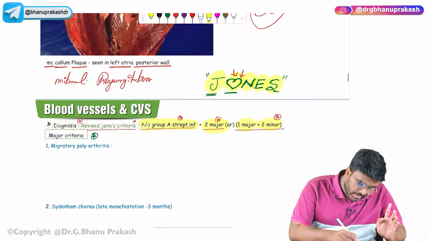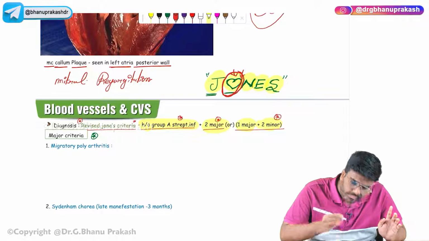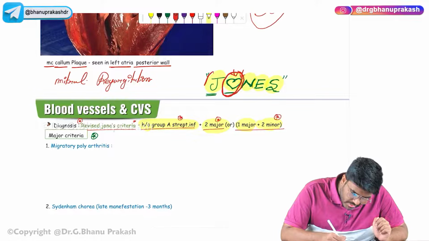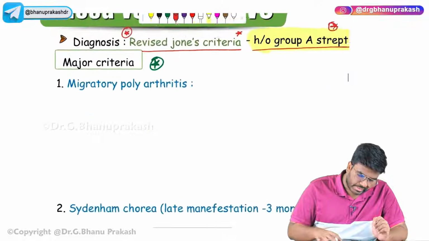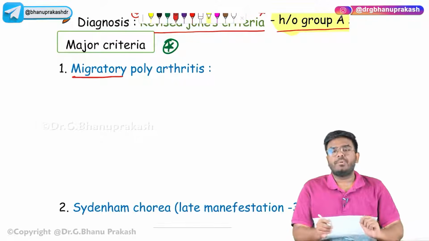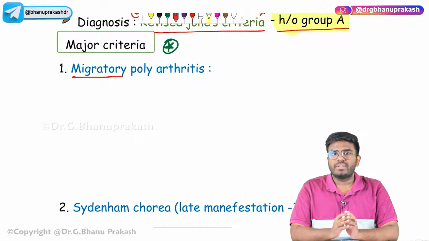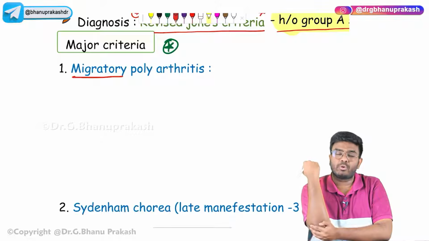So now, in the Jones criteria, one criterion we have accomplished. Next, let's talk about joint involvement. So what is this joint involvement? It is migratory polyarthritis. Migratory in the sense means what? For example, initially this 10-year-old is going to have arthritis in, for example, the elbow joints.